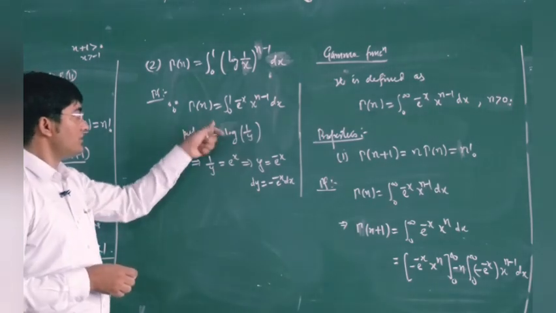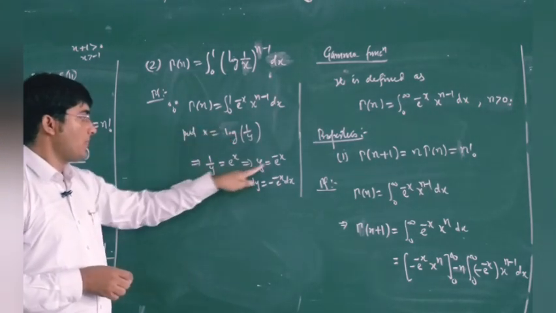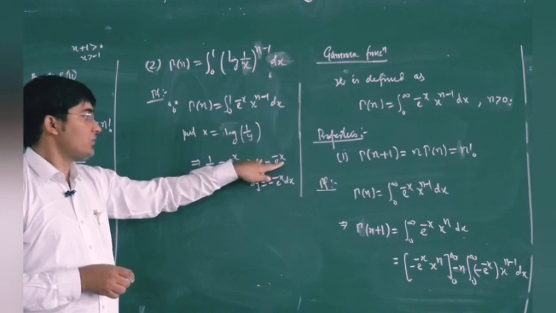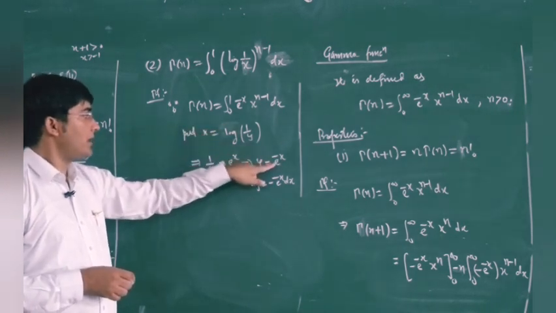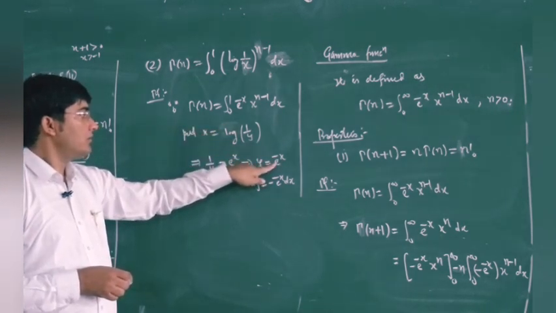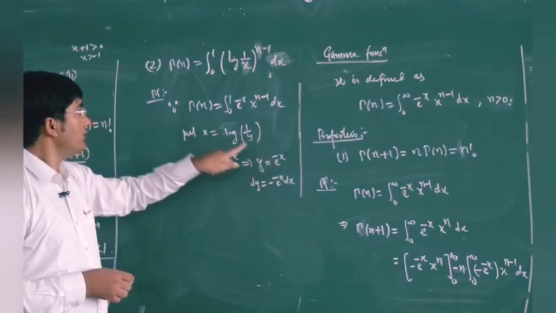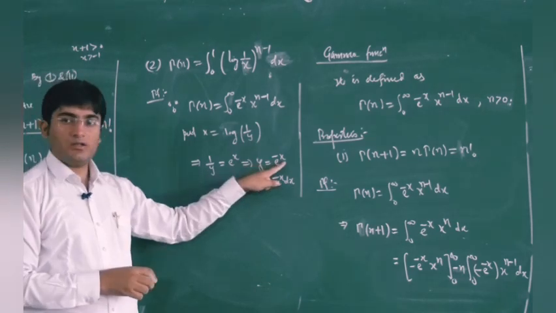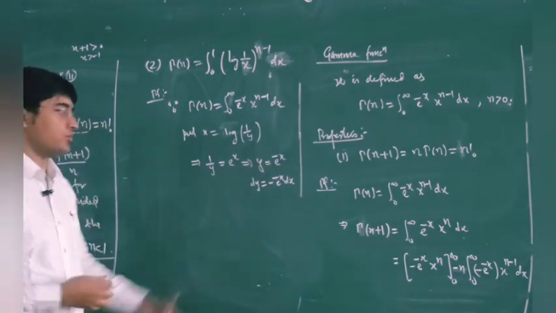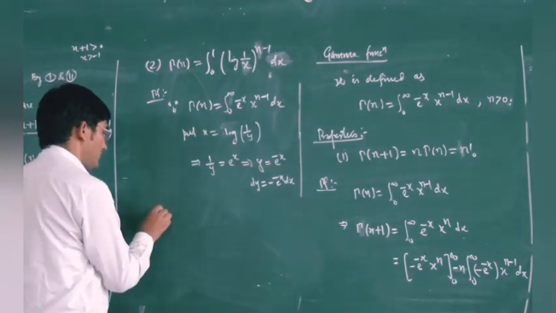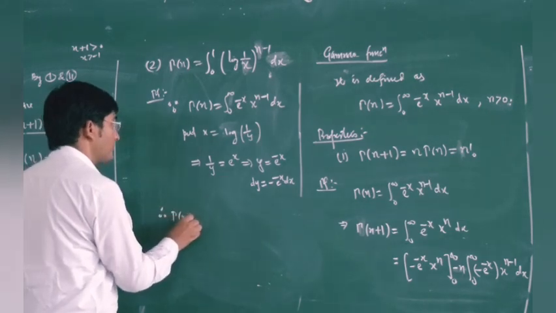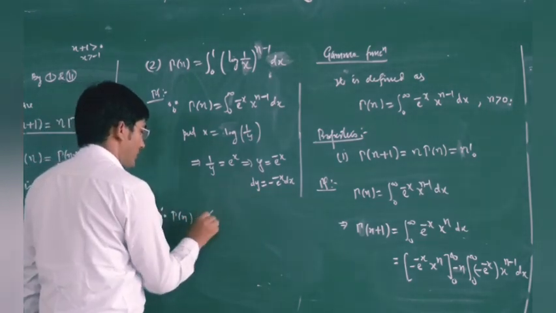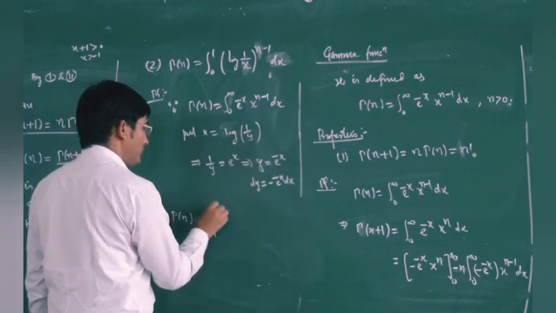Now about the limits, if you put x equal to 0, then we will have y equal to 1, and if you put x equal to infinity, then we will have e power minus infinity, so it is 0. So the limits will be, therefore your gamma n equal to, for x equal to 0 we have 1, for x equal to infinity we have 0.